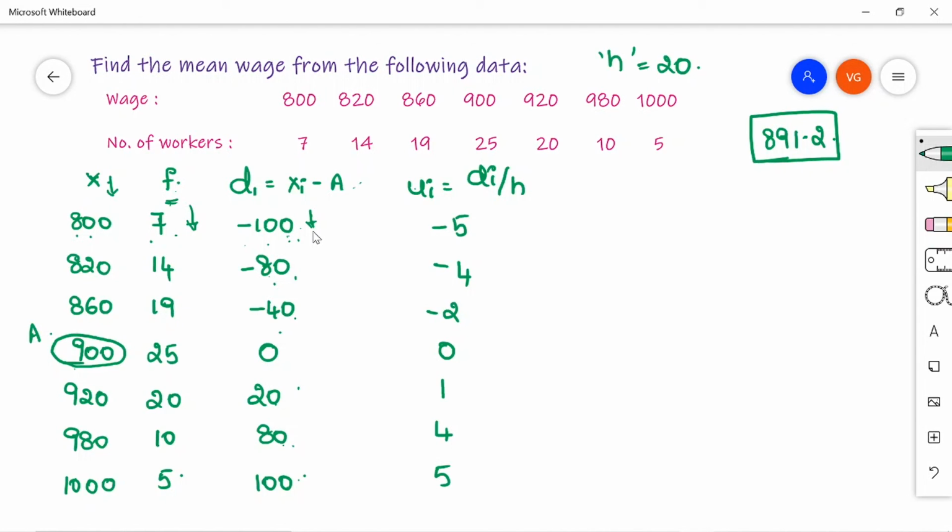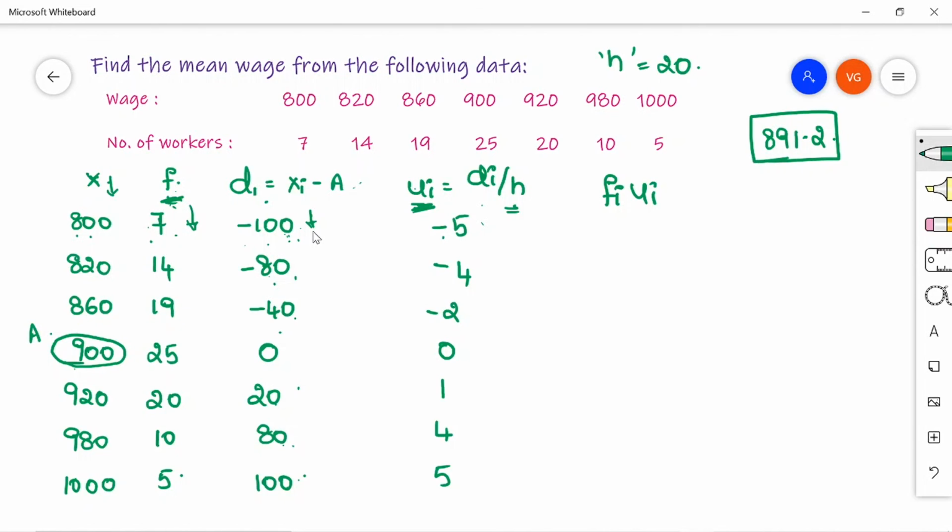Right. Now, instead of multiplying fi and di, I have reduced the value to ui. I have taken some common factor and divided. Now, I will multiply fi with ui so that the calculation is simpler. As I have divided by h, afterwards I will multiply with h.